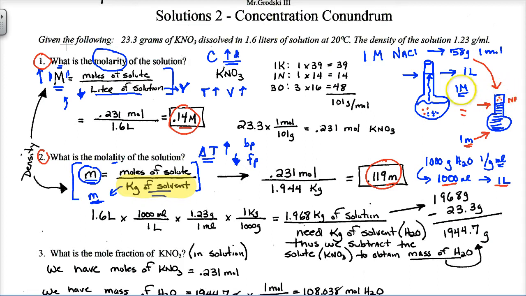I'll say that again. I'm going to make a 1 molal solution here and, let's make a small number, a 0.01 molal solution here and a 0.01 molar solution here. Now if I'm doing that, I need a 100th of this, right?